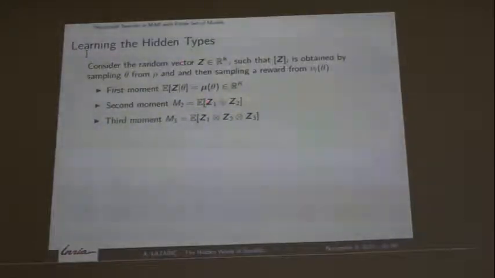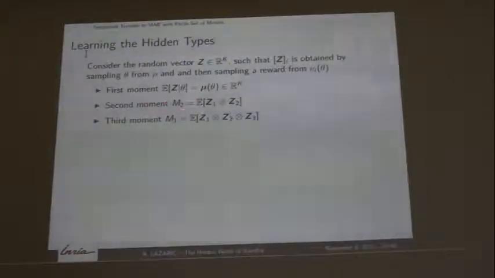So imagine that I define this random variable z, which is a k-dimensional vector, so one dimension per arm, which is obtained by sampling a type theta from the distribution rho, and then sampling a reward, which is IID by definition, from the distribution mu i of theta, the distribution characterizing arm i in the model theta. This is for each component of the vector z. Now the first moment is just the vector of all the mu's. So this bold mu is the vector with all the mu i's for all the arms.